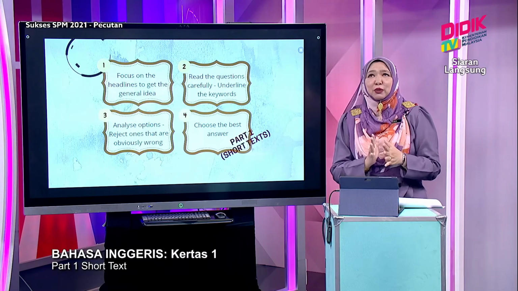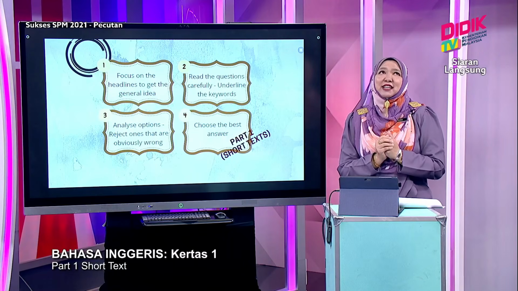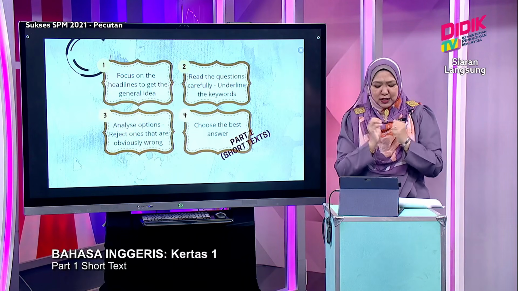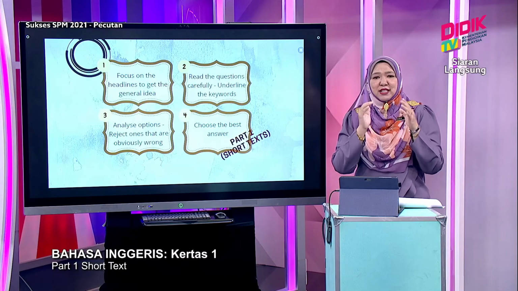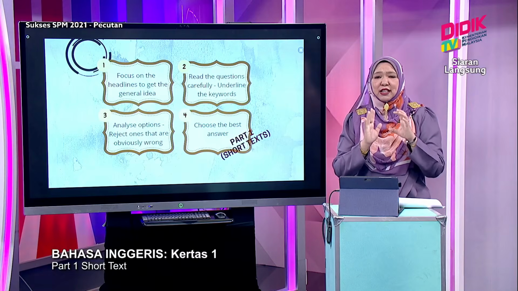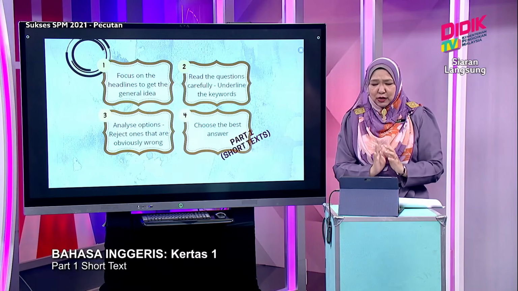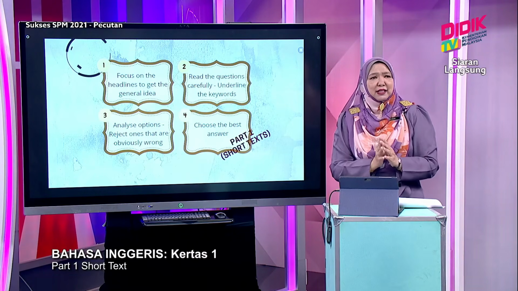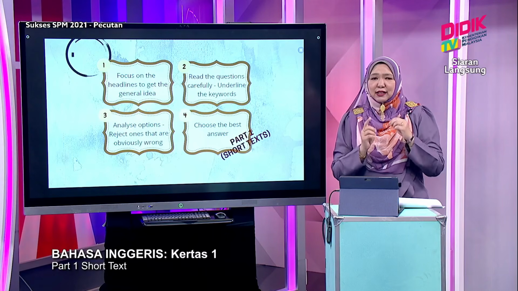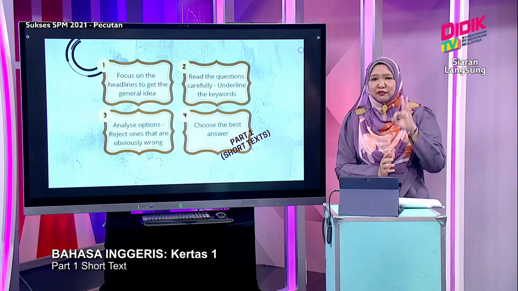There are keywords such as, for example, the word true, the word false, most, less. So these are some of the keywords that you need to focus on. Next, you have to analyze the options given. Like I told you before, we have 3 options.